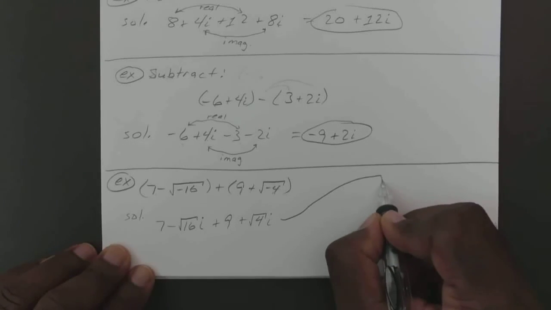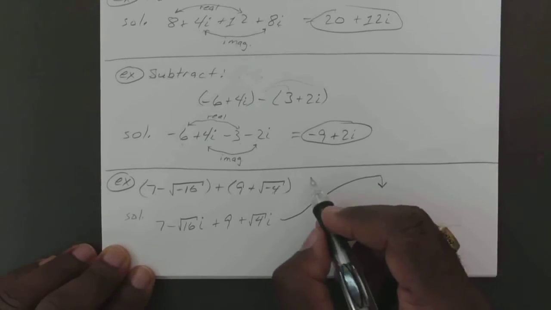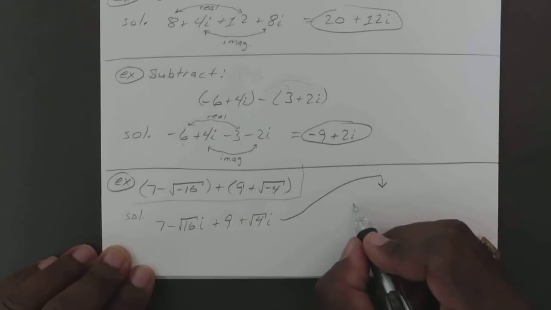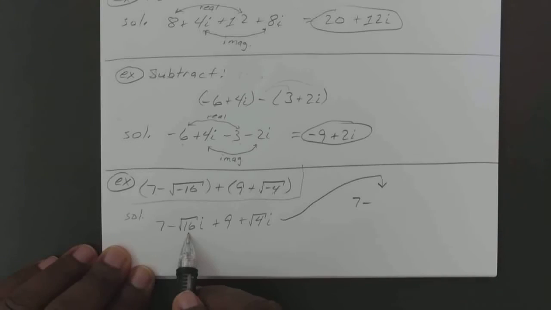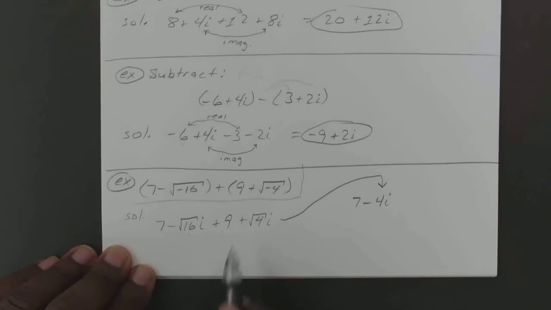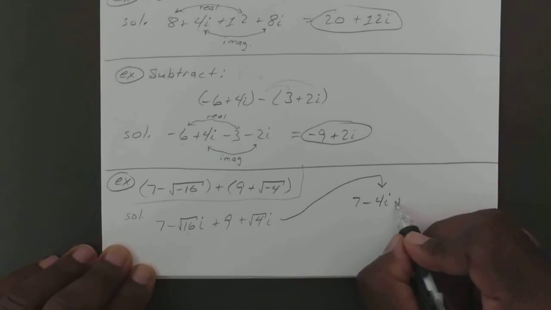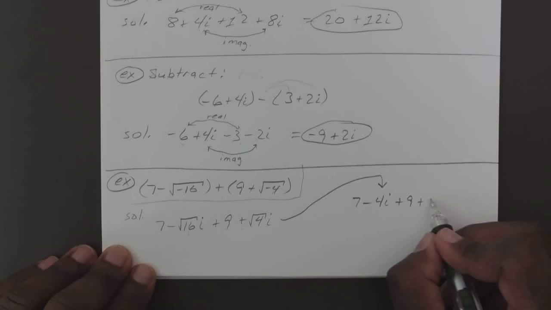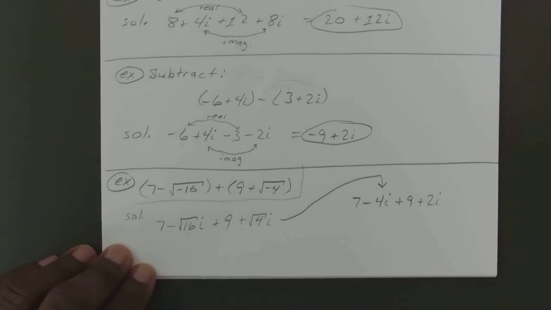So you have 7 minus square root of 16 is 4, minus 4i plus 9. Square root of 4 is 2, so that gives us plus 2i.